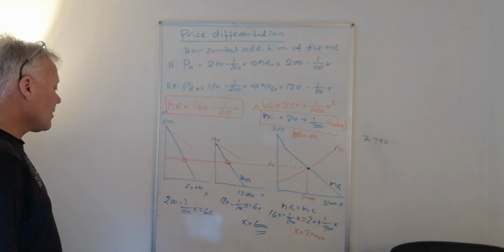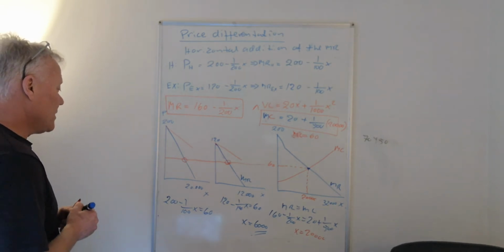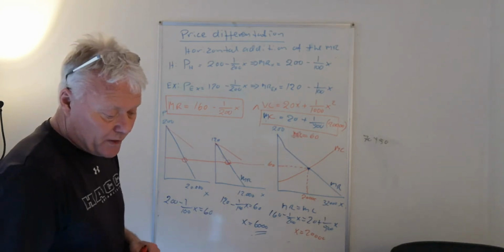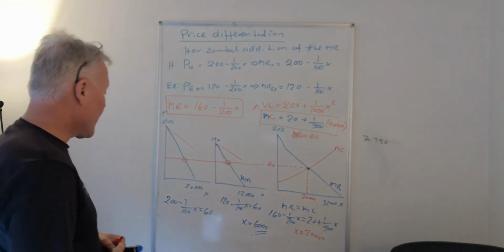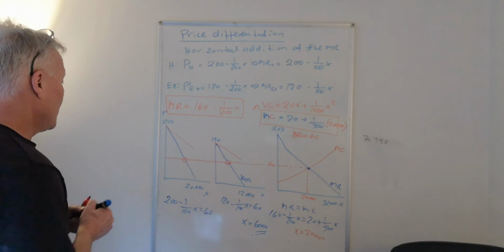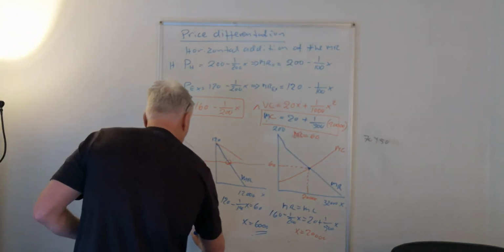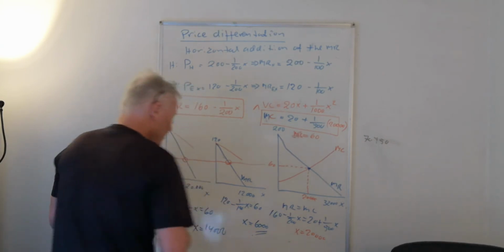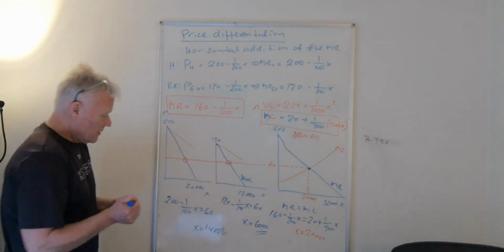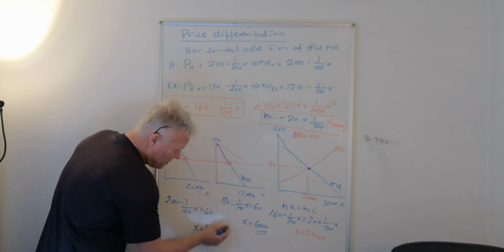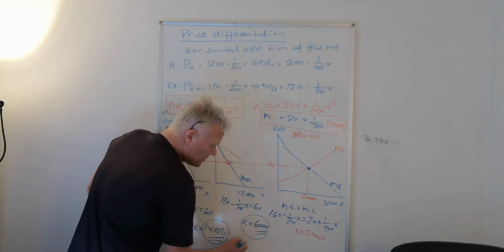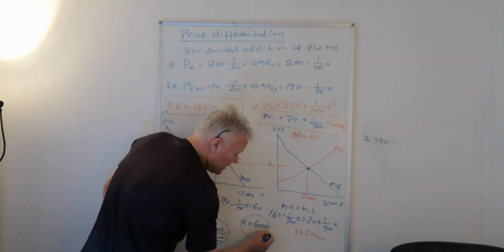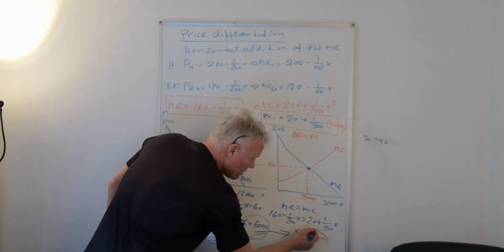And I calculate that one, and if I have calculated correctly, it will give us 14,000. Is that right? Yes, it is, because 14,000 plus 6,000 is equal to the 20,000.